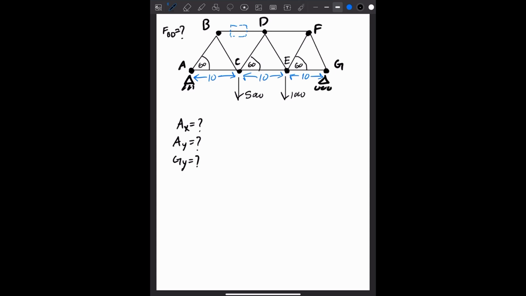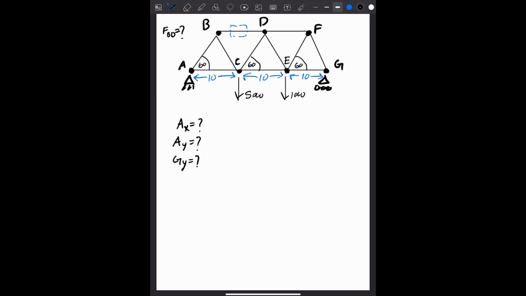Now, the first thing I'd like to go over is why isn't there a GX? There isn't a GX because this is simply supported. G is on a roller, so there can't be any reaction force in the X direction. A is not on a roller, so you could have an AX in this case.